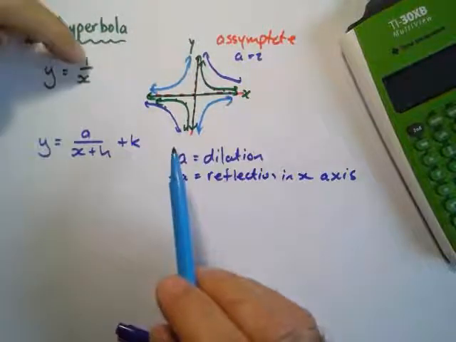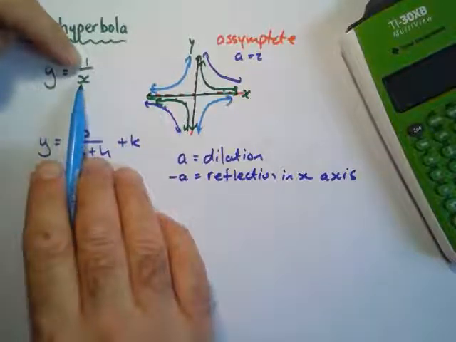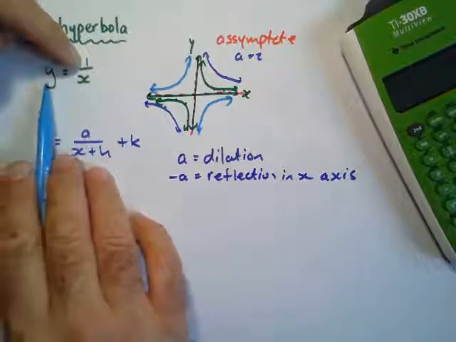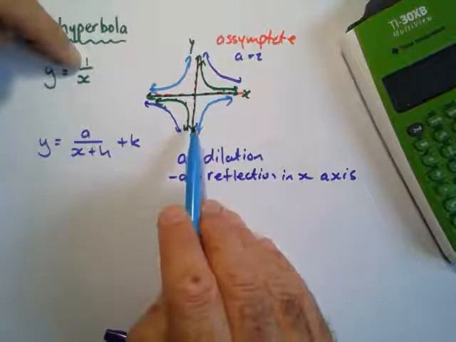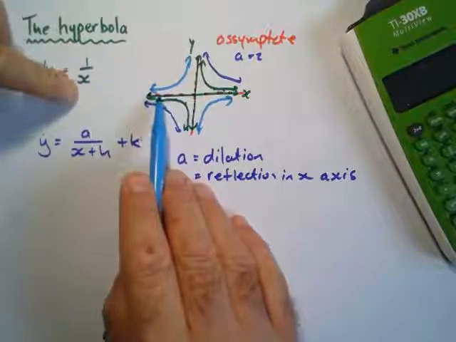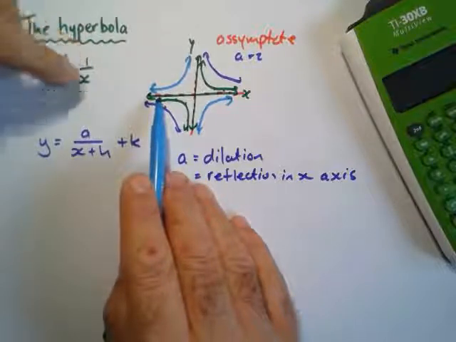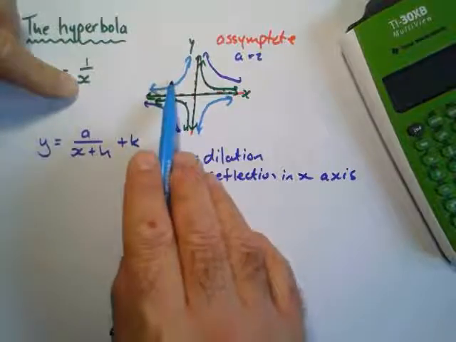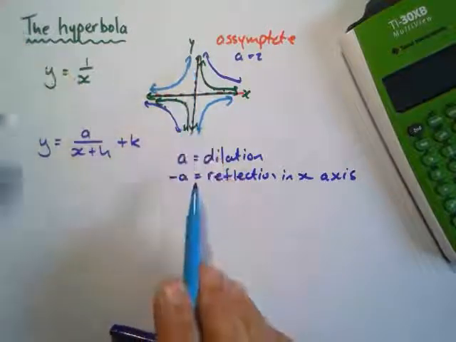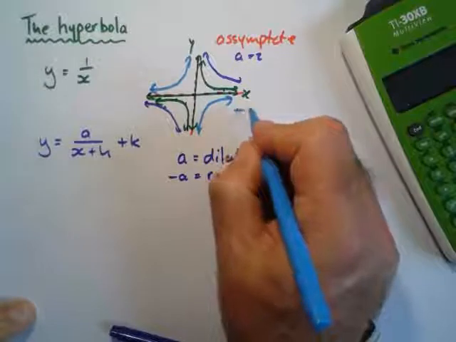Because if a is negative and x is positive, then y is negative. If the x value is negative, and that's a negative on top, a negative divided by a negative gives us a positive y. That's why when x is negative, y is positive. So that will be for negative a.